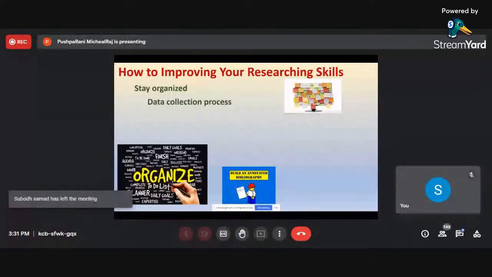During the data collection process, you will see a huge amount of information, like web pages, media, and videos, and all of that information should be organized.